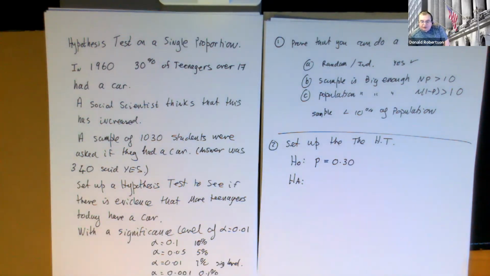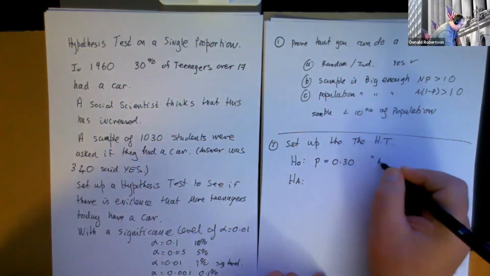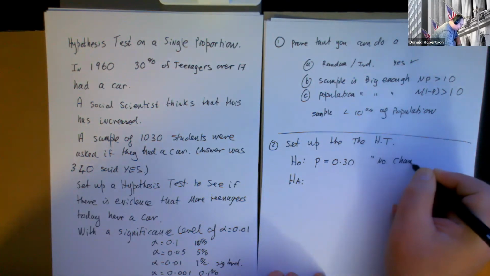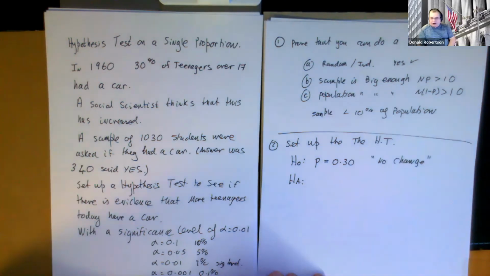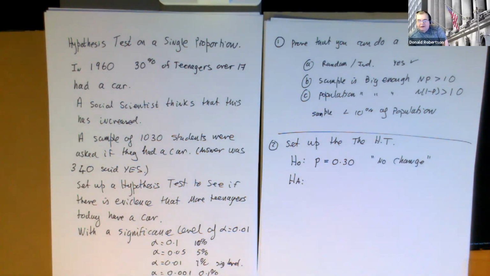So P represents the percentage of students today who have a car. It's still 30%. This means there's no change. The null hypothesis is always going to be that.